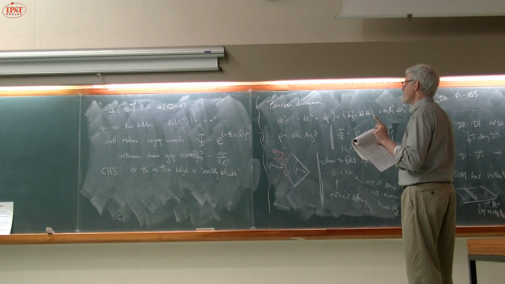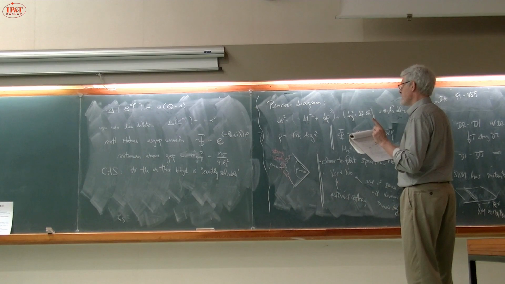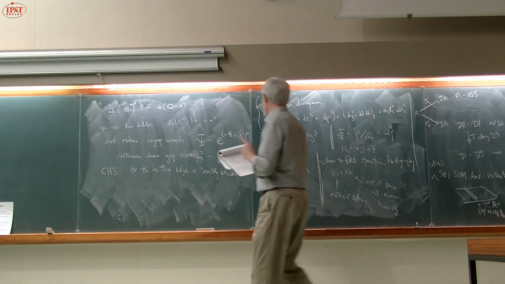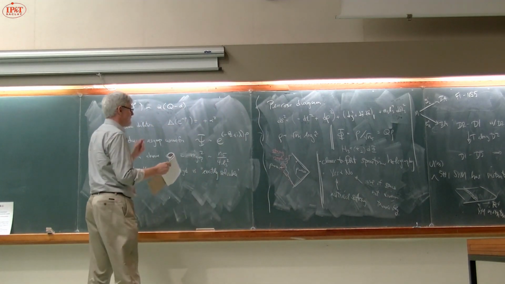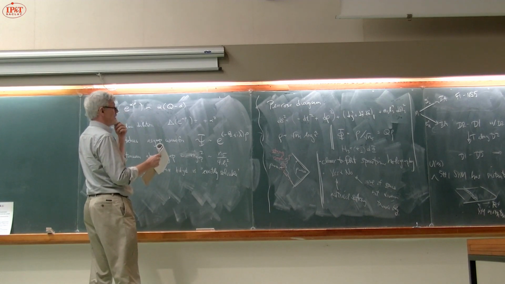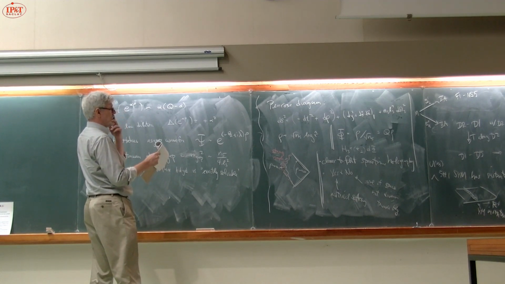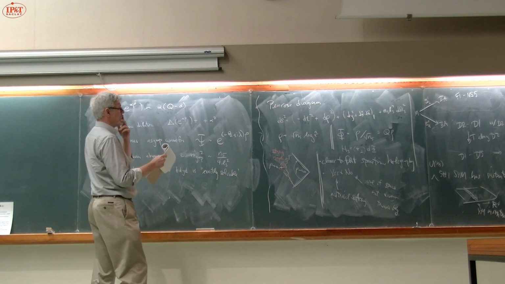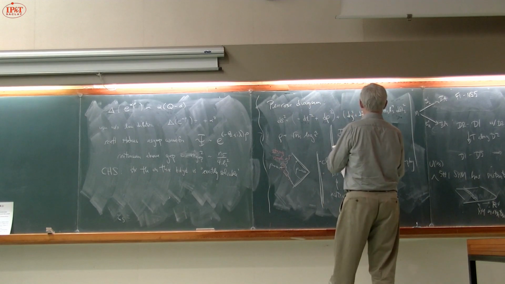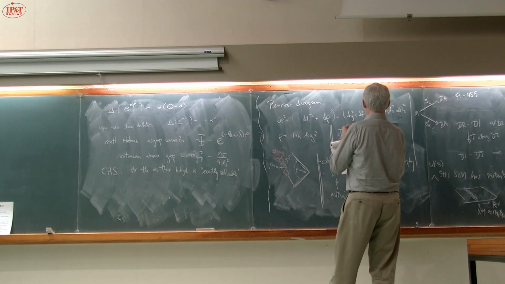Gap goes to 0 when q goes to 0, right? I guess the question is, how does the gap go with the number n5?